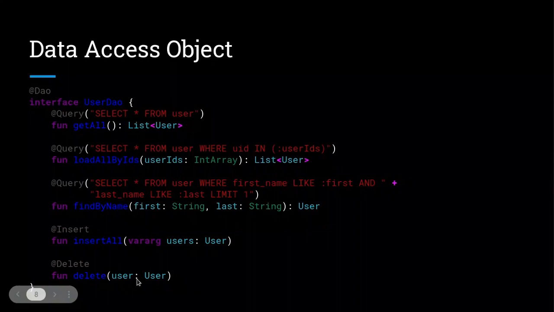And for this case, the room is going to delete the data. And if you want to write a complex query, you can easily use this @query and write, for example, this query here, which is going to find a user by name. And for this case, we can easily get our data. So this is just called the data access object. And we're going to see in more detail when we actually write our code.